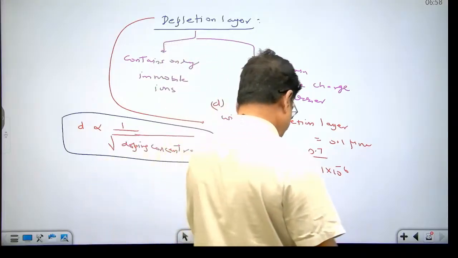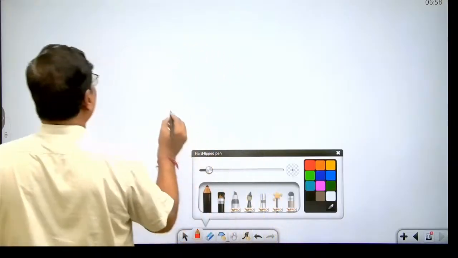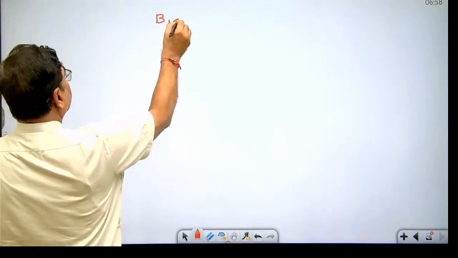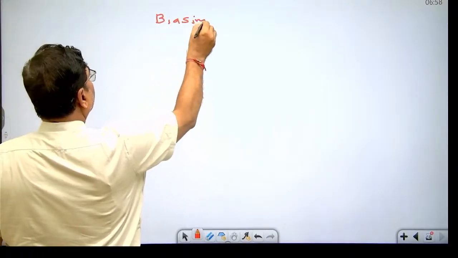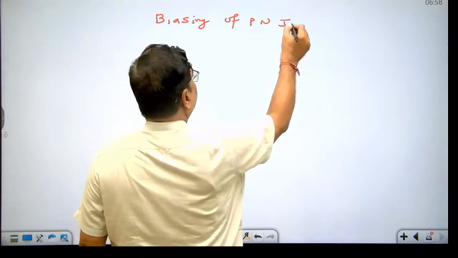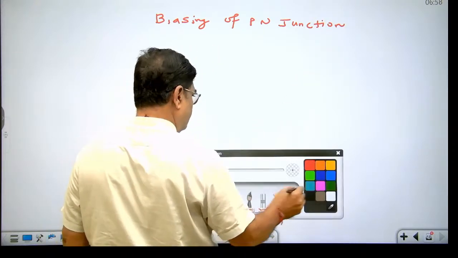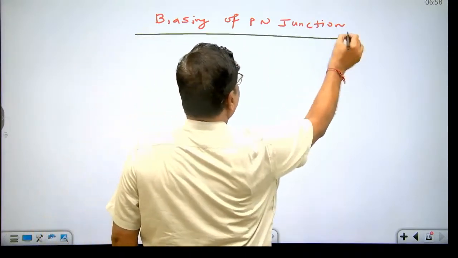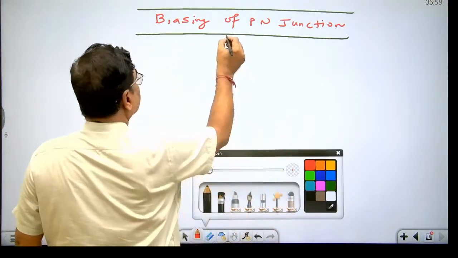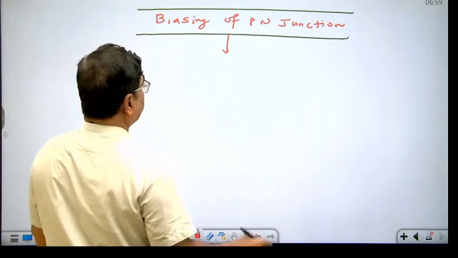Let's see. Biasing of PN junction. First, what is biasing?